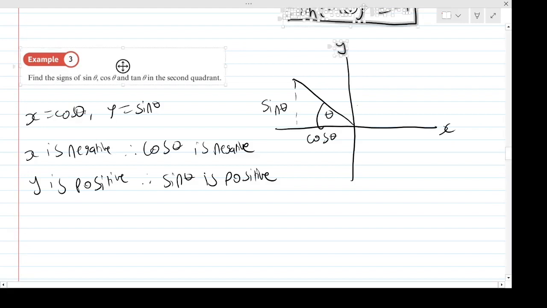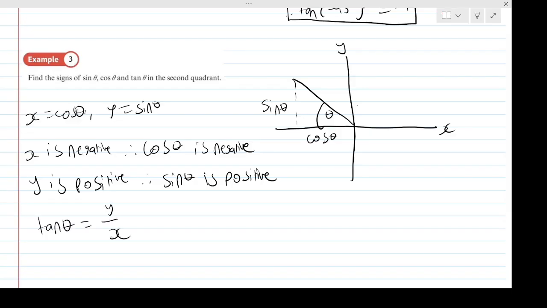But then it's talking about tan. We also know that tan is y over x, or the opposite over adjacent of our triangle. But we discussed that y is positive and x is negative. So what we are doing is dividing a positive number y by a negative number x.